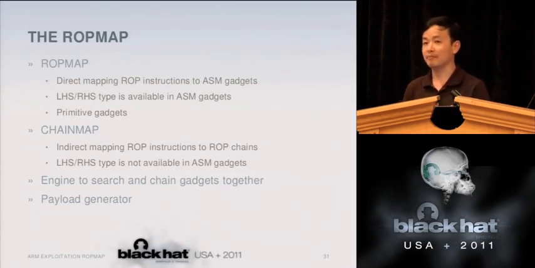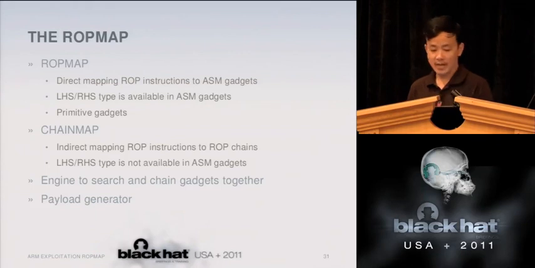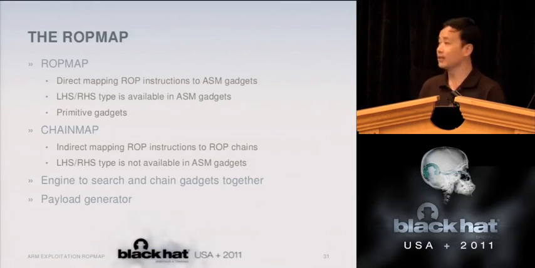With the map, you can search for any gadget, chain them together, and finally generate the chain. And lastly, we create a payload generator to generate the payload from the chain of gadgets we found.